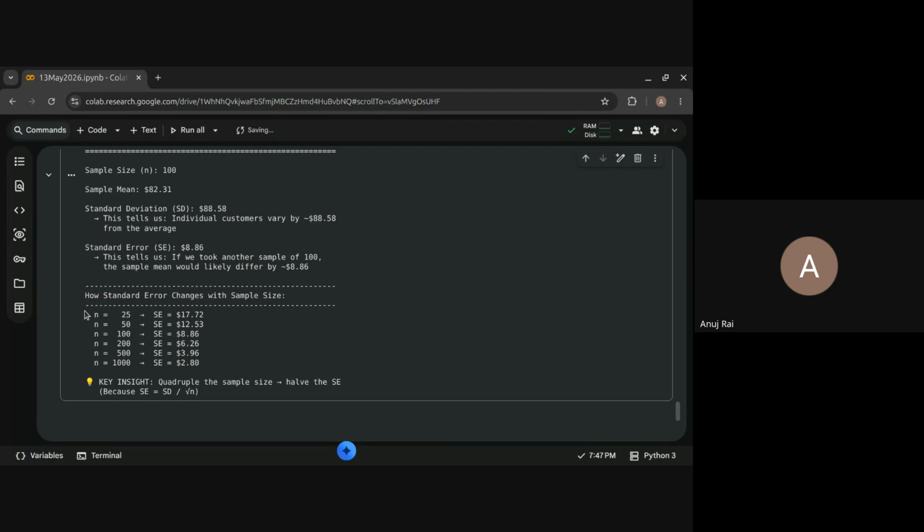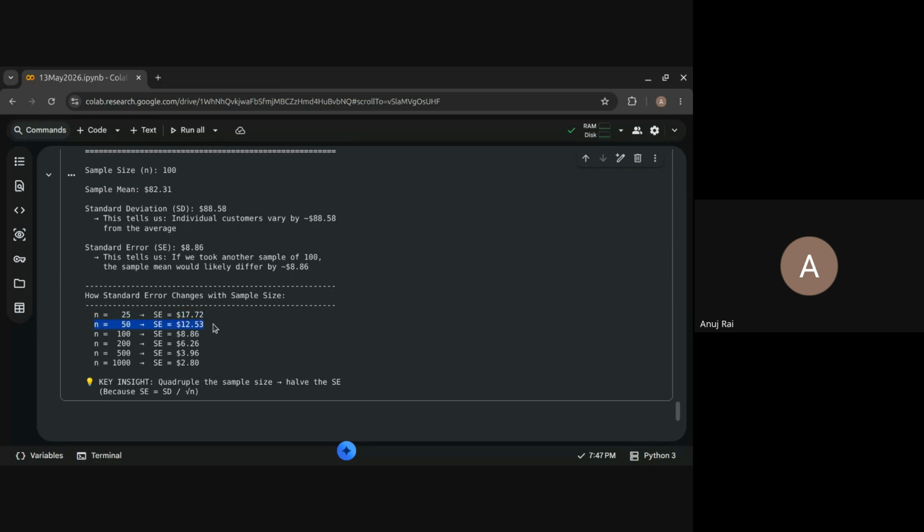And as one of the students raised earlier, why stop at 30 if the accuracy is more when increasing the number of samples? So here, if you keep n equal to 25, the standard error is around 17.